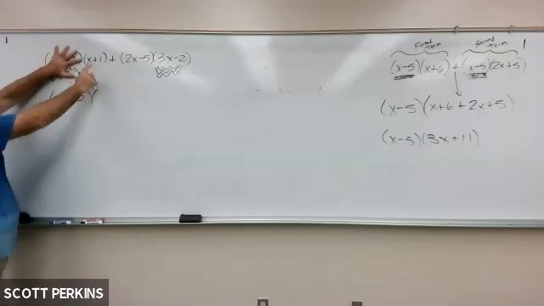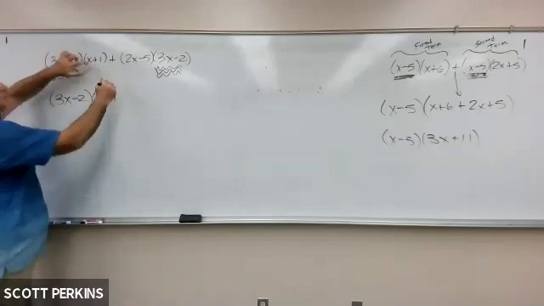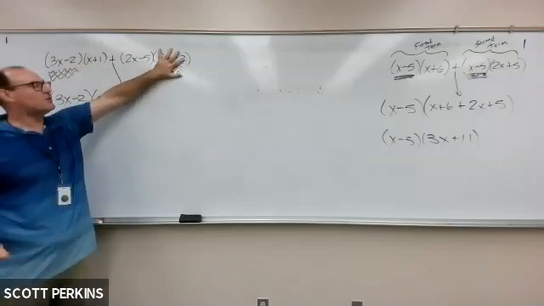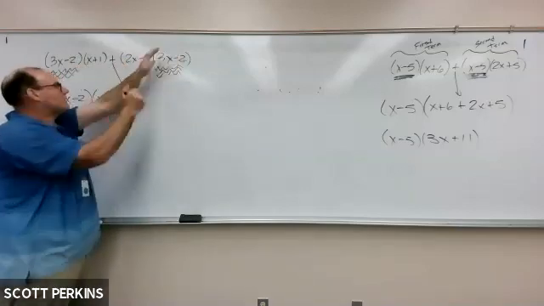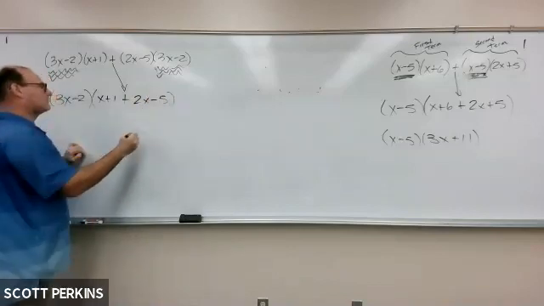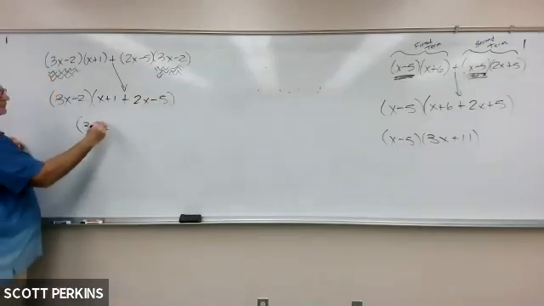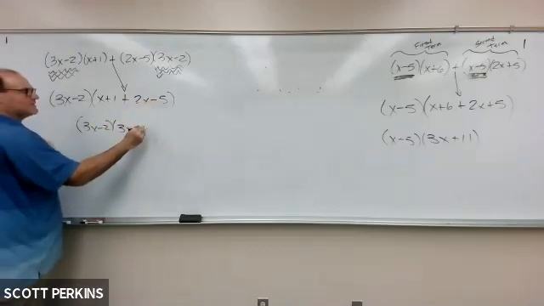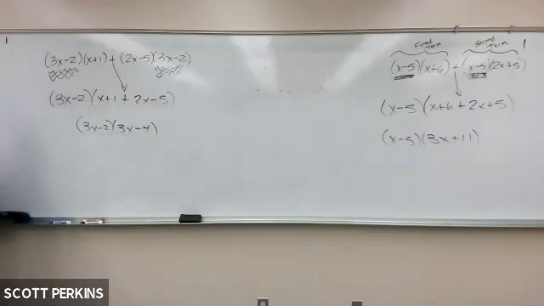Cover this up. x plus 1. Plus, I cover this up. What's left from the second term? x plus 2x is 3x. 1 minus 5 is negative 4. There is your factored expression.